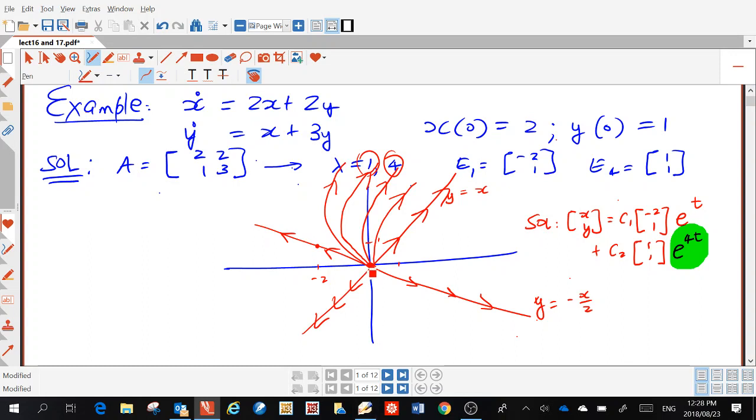Likewise here. The guy is leaving here. He'll eventually twirl around and become like that. This is just an unstable node. All lines that move towards, so even this line here, if it wants to go towards minus x over 2, it will, and then eventually it'll go that way.